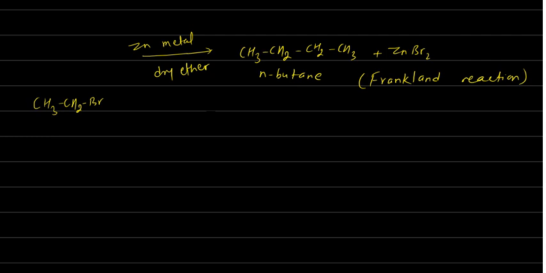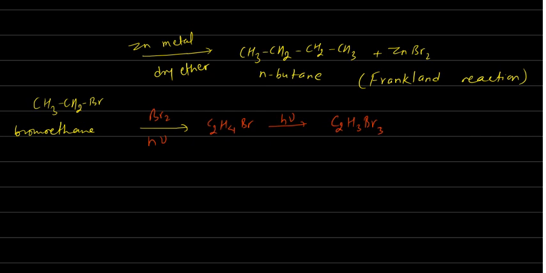Again, this CH3CH2Br, that is bromoethane, I'm taking another reaction here, when it reacts with Br2 in the presence of sunlight, then the product formed is C2H4Br2, which on further reaction in the presence of sunlight gives C2H3Br3.